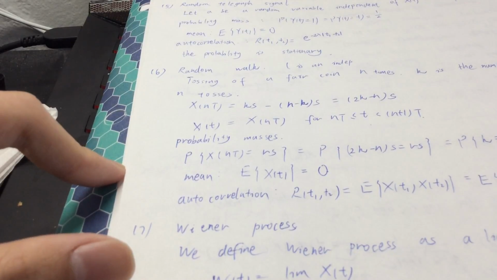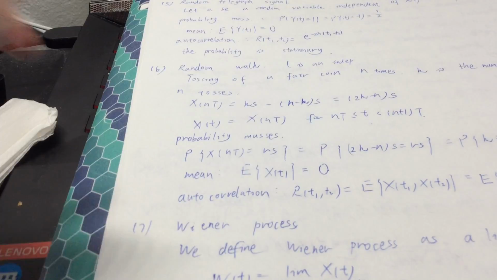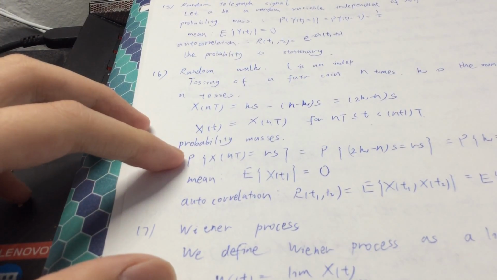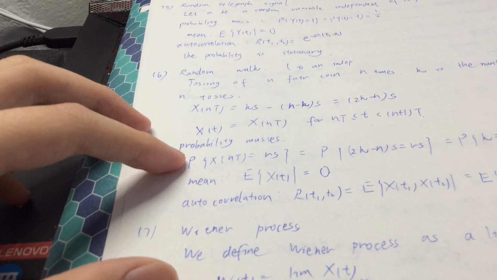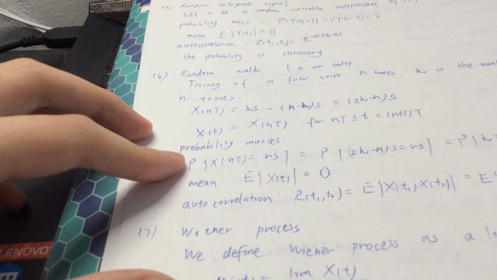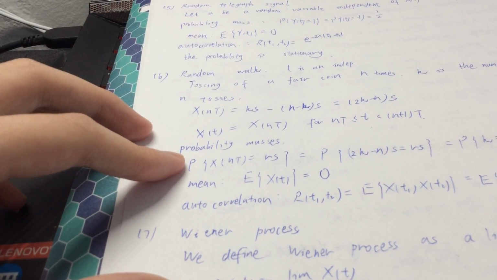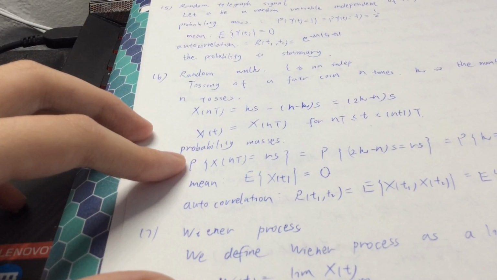So then we consider the random walk. We can define it as tossing a coin n times. K is the number of heads in n tosses, so Xn is equal to k times s minus n minus k times s. So the result is equal to 2k minus n times s.